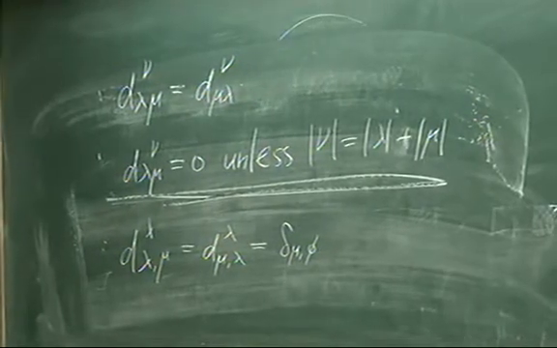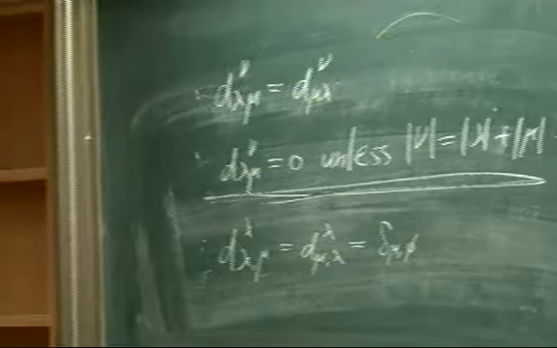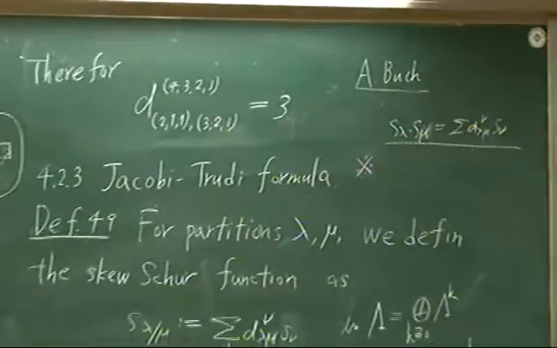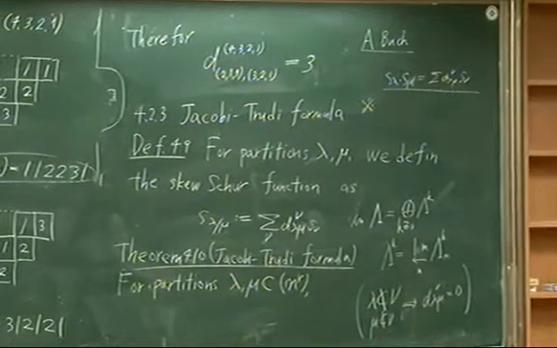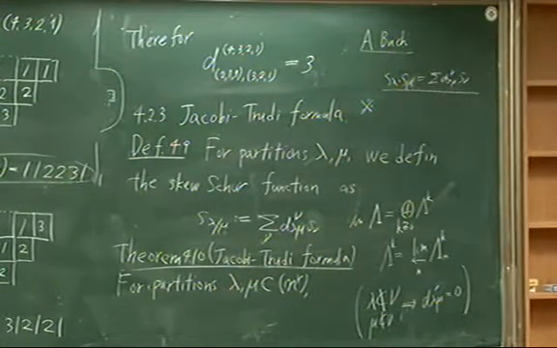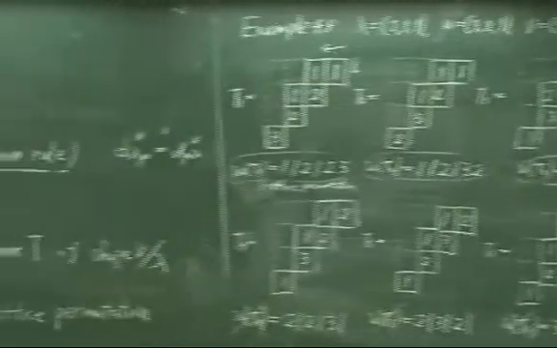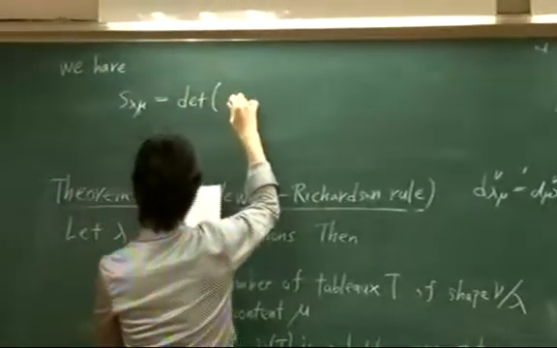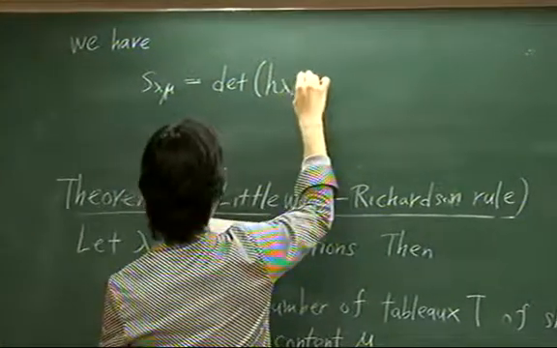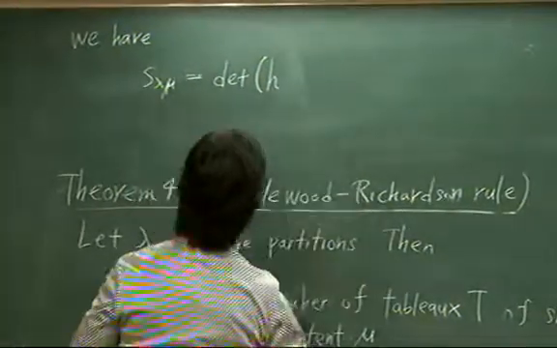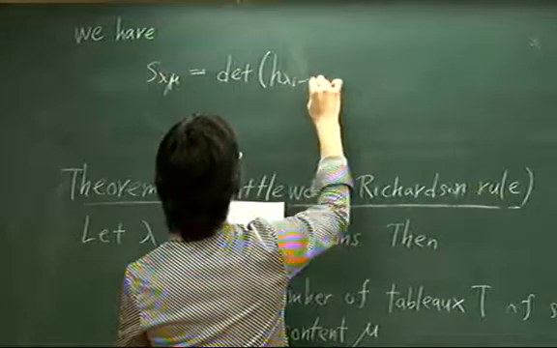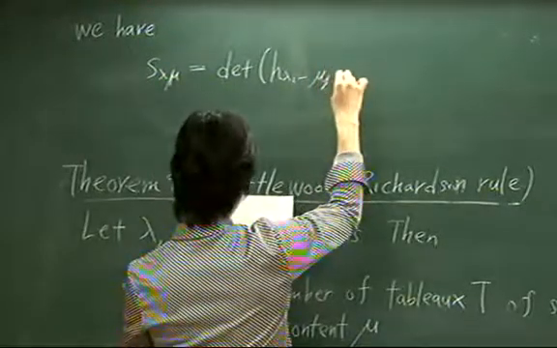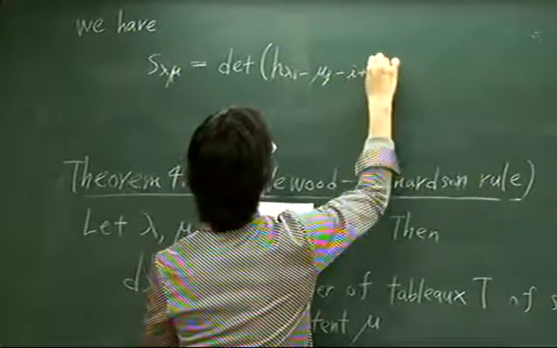Then for partitions lambda, mu contained in the rectangle, we have S lambda mu is the determinant of H lambda_i minus mu_j minus i plus j, where H denotes the complete symmetric polynomial.